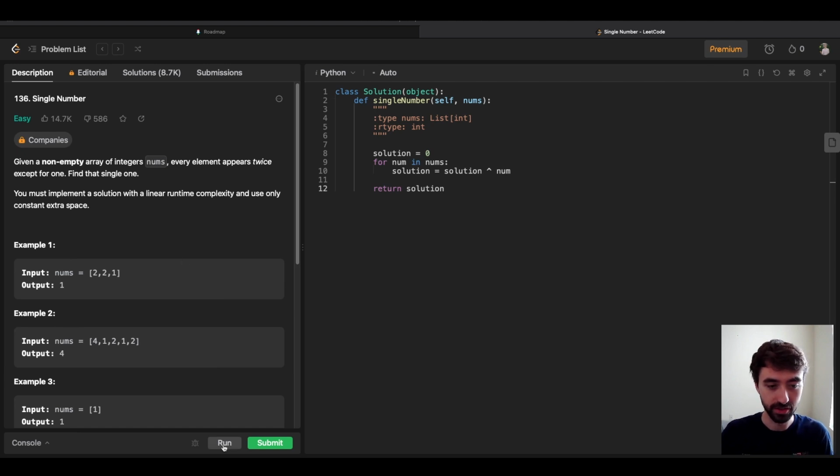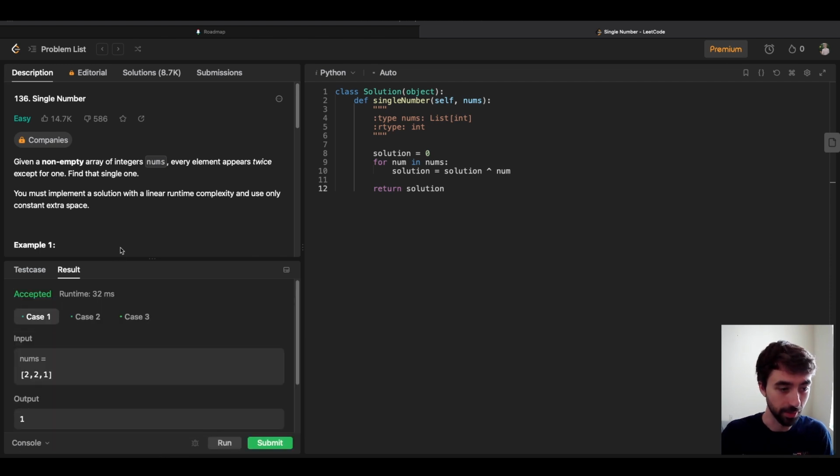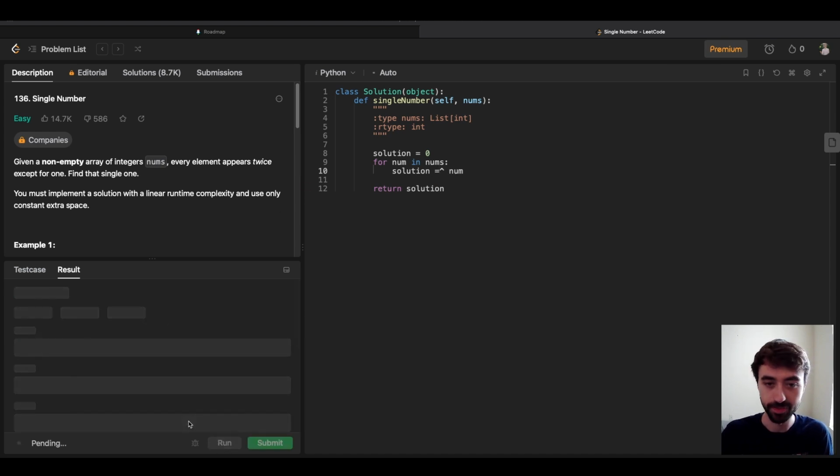Let's try that. All I want to do is XOR all the values together. Oh, amazing. Yeah, that looks like it's correct. Can you also do this? You might be able to shorten it to solution caret equals num without writing out solution each time.